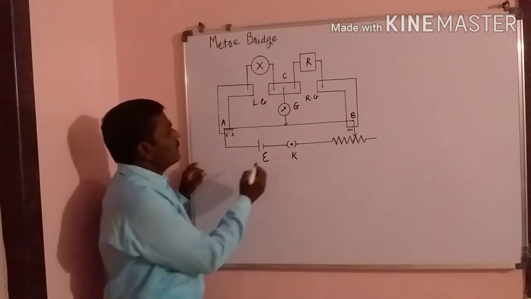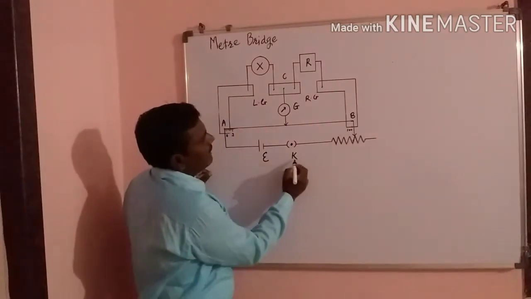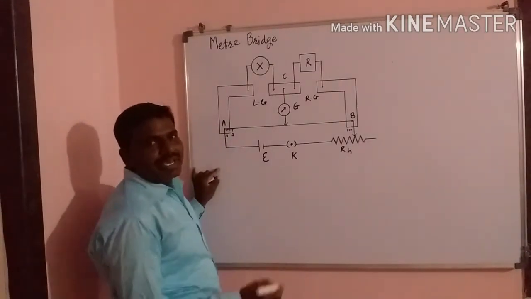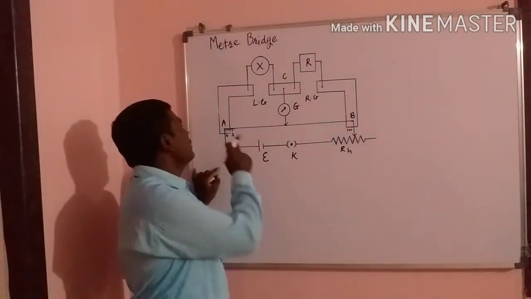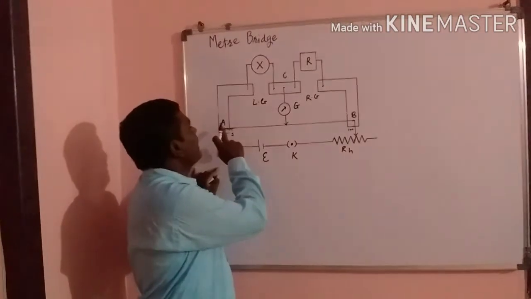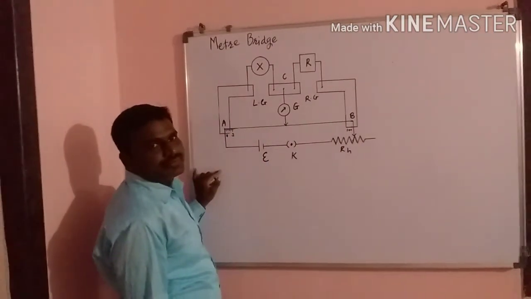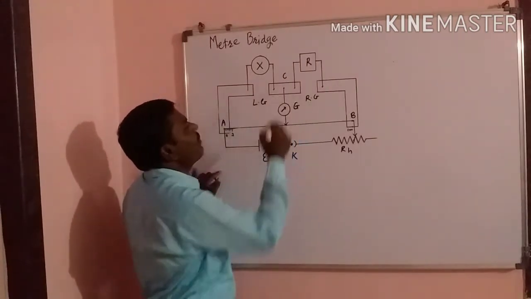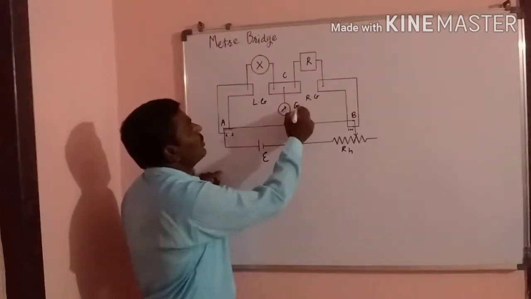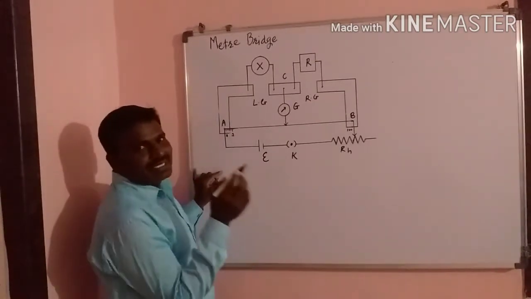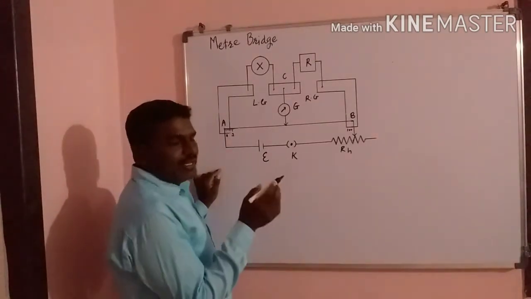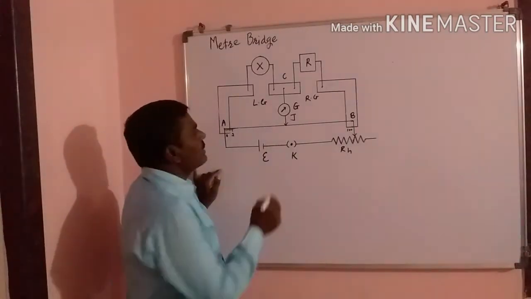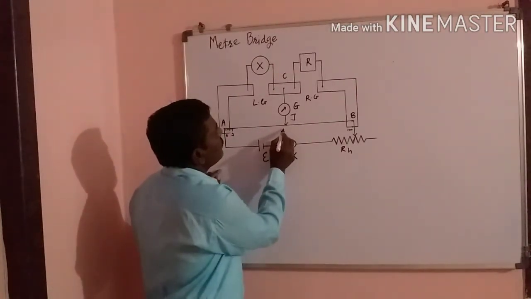Again, the EMF of the cell, key and rheostat are connected along the uniform wire, between A and B. From point C, one point is connected to the galvanometer, and the galvanometer is connected to the jockey, which touches a point on the uniform wire.